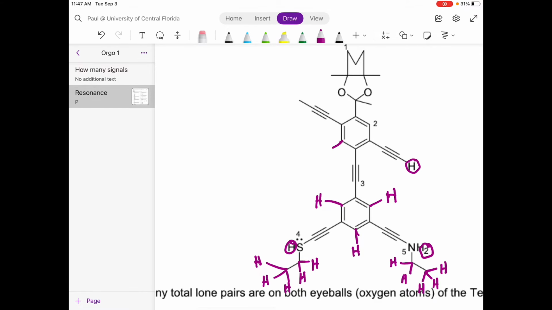We have 1 coming off of there, 1 there, 3 coming off of that. There's a methyl. There's 3 coming off of that one. Let's clean that one up.